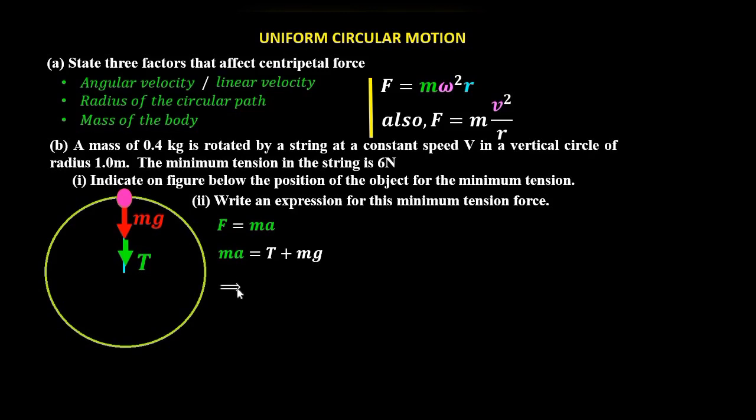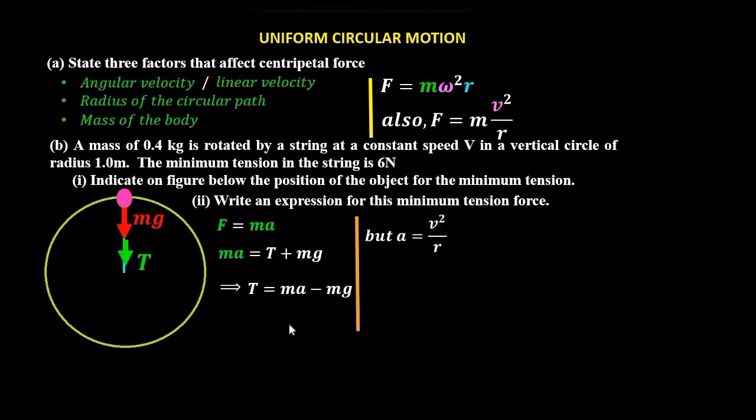Now making T the subject here, we have T is equal to centripetal force minus weight of the object. So from the centripetal force, a here represents centripetal acceleration, which is also given as v squared over r, just as we had seen earlier on.